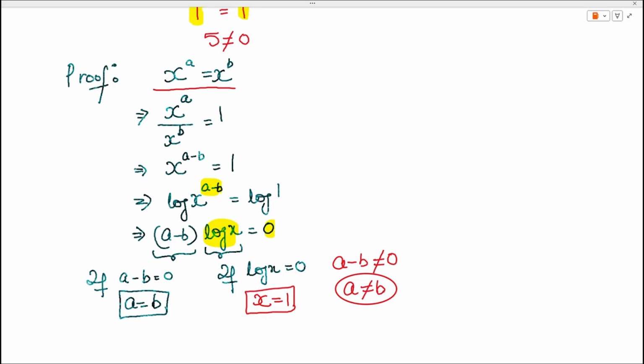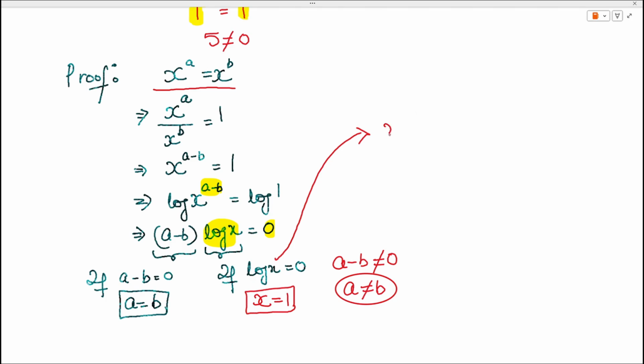That's one condition. Now there's one more thing: because it is log, and for log of a number we have a restriction, our x cannot be 0 or negative.